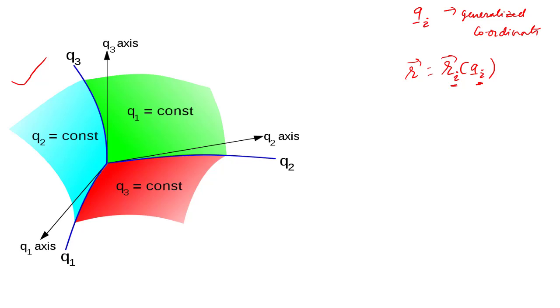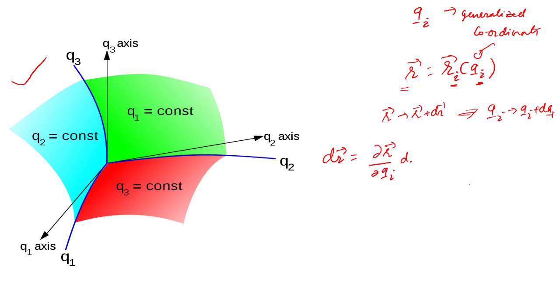Then if I want to write in general, what is the line element in these generalized coordinate systems? So the question we're asking is, if Qi goes to Qi plus dQi, what is the change in r? How does r change, right? So I can in general write dr as dou r by dou Qi dQi.